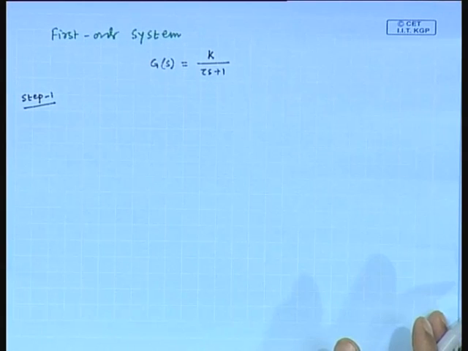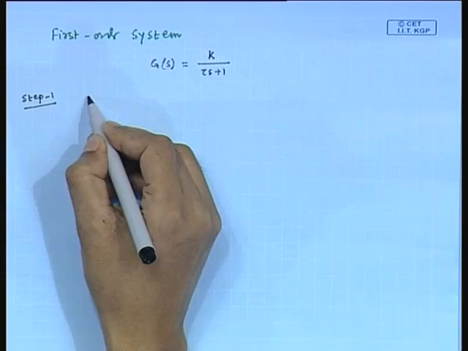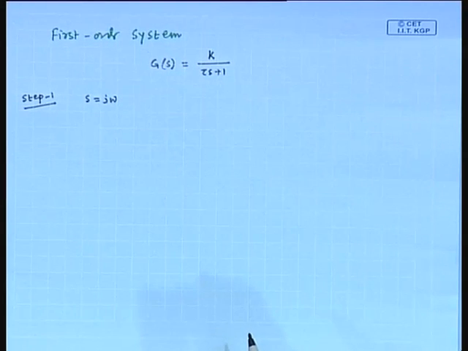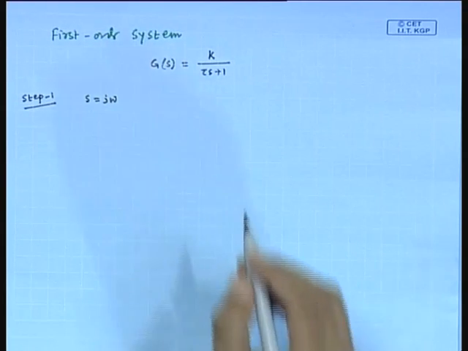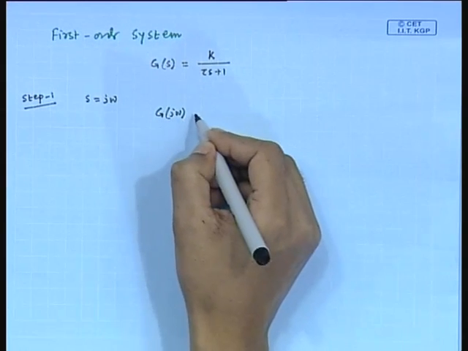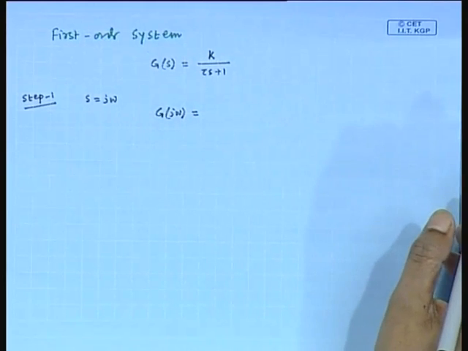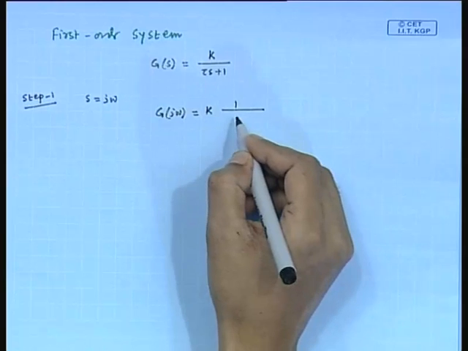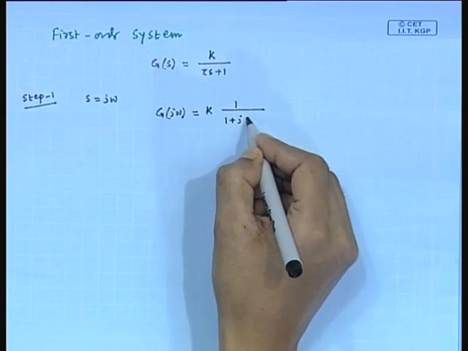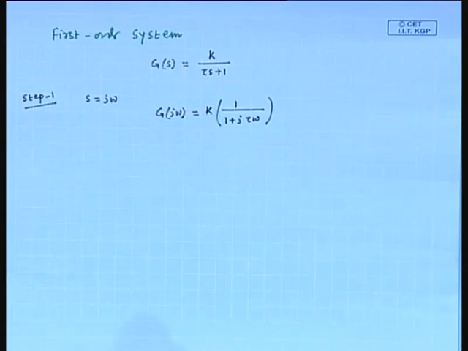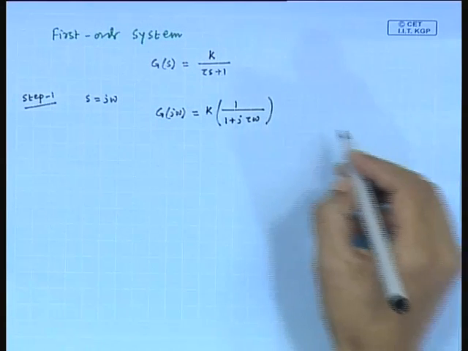In the first step, we need to replace s by j omega. So, we will substitute s equals j omega. Then we can write G(j omega) equals K times 1 divided by 1 plus j tau omega. Fine.